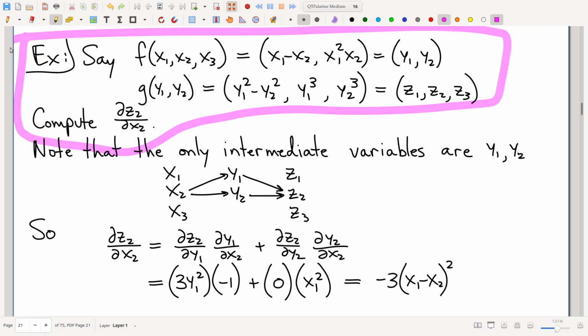So on a question like this, if you were to take these formulas for y1 and y2 and plug them into this g function and get a great big monstrosity single variable function of z2 in terms of x2, and then take a single variable derivative, it's missing the point of the question. The question's clearly about, hey, we've got a composition of multivariable functions. The clear intention of this question is, I wanted to see that you can use the multivariable chain rule. So make sure to actually satisfy the intention of the question.